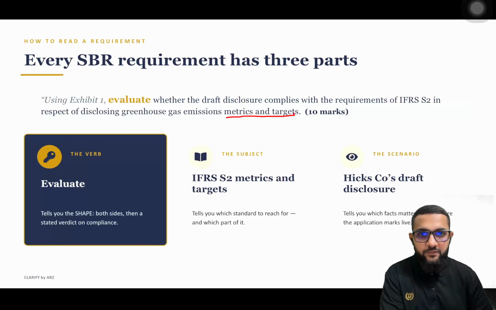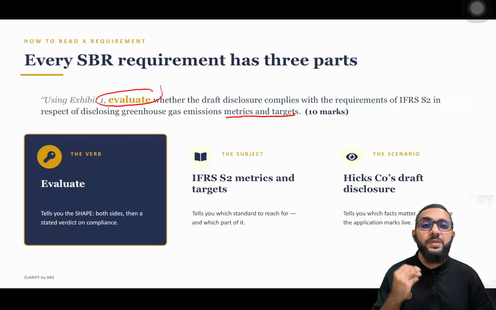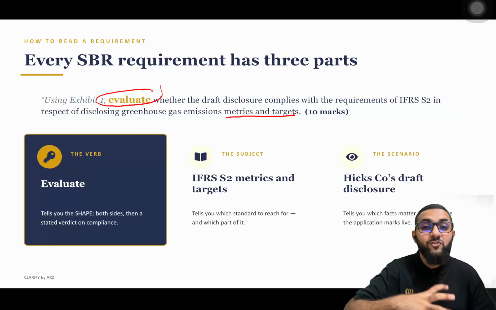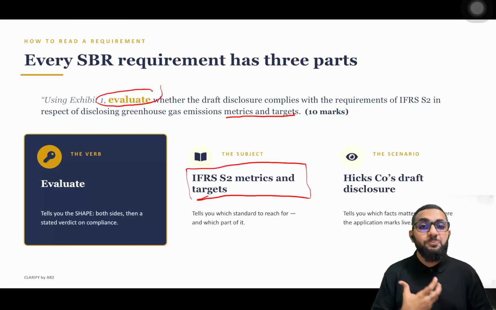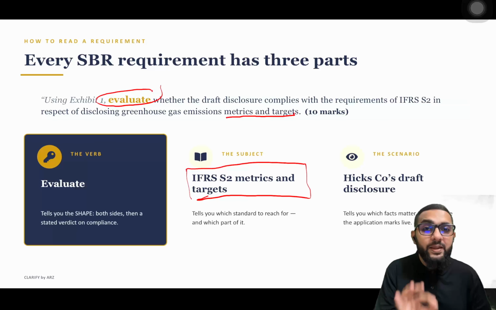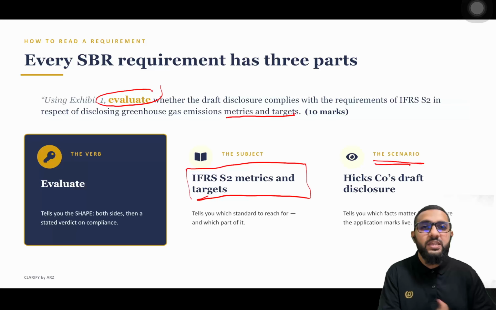Then there is going to be a scenario, meaning you have to apply what you know. This is the knowledge requirement, but you will not be able to respond to the question well if you do not apply that knowledge to the scenario given. So those are the three parts of an SBR requirement.